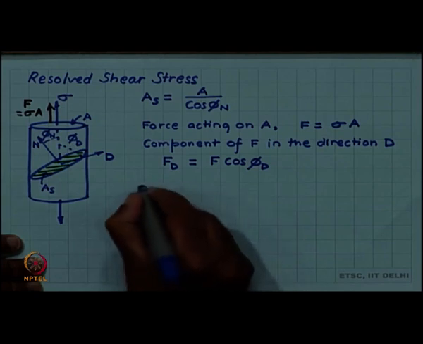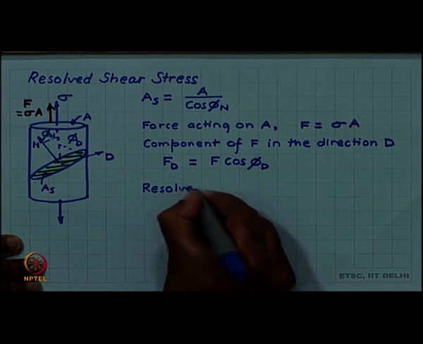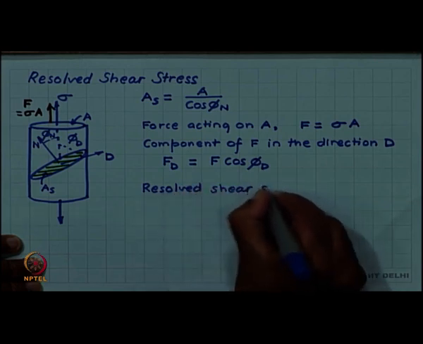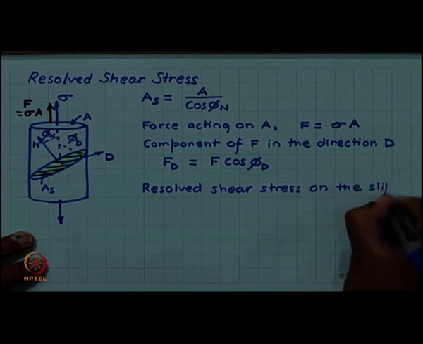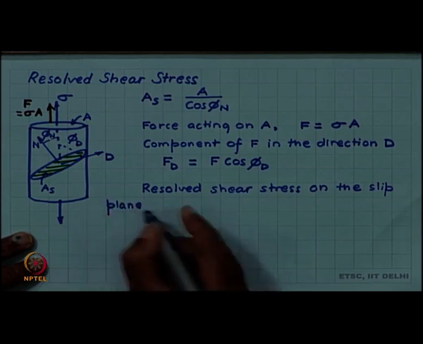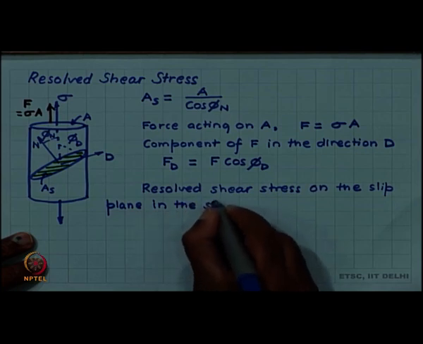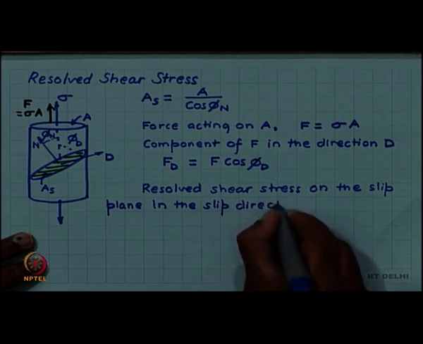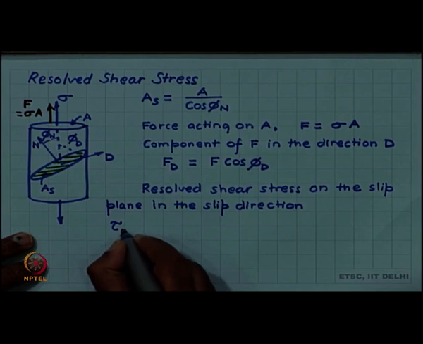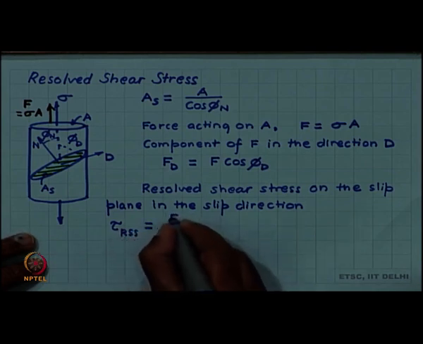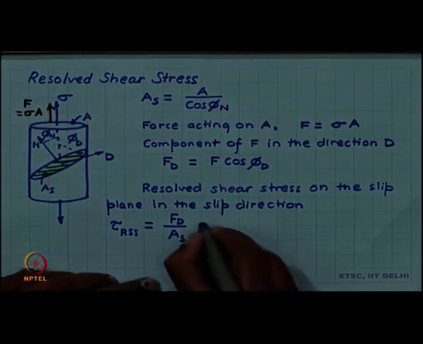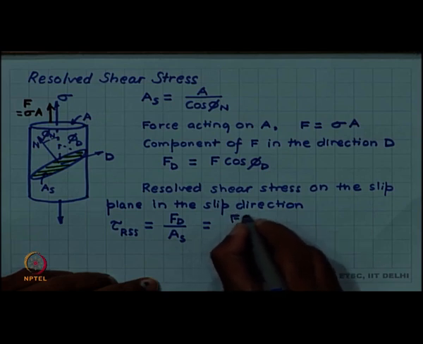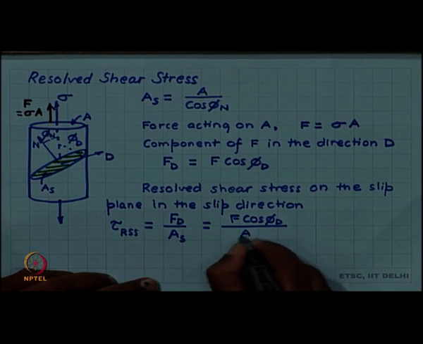So, the resolved shear stress on the slip plane in the slip direction, tau RSS, will be the force Fd acting on an area As. Fd we have already found as F cos phi d, and As we have found as A by cos phi n.